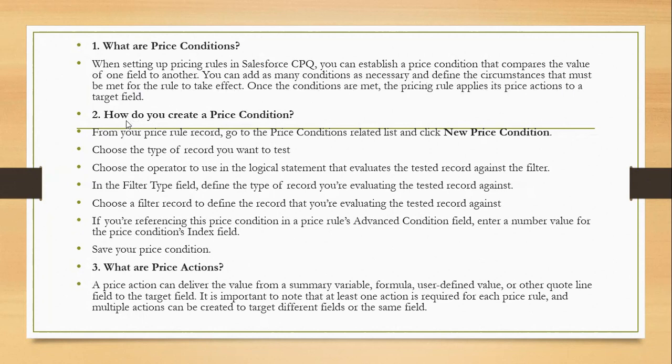Next question: how do you create price conditions? From your price rule record, go to the price conditions related list and click New Price Condition. Choose the type of record you want to test. Choose the operator to use in the logical statement that evaluates the tested records against the filters.